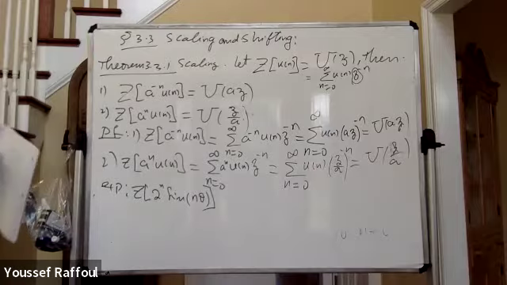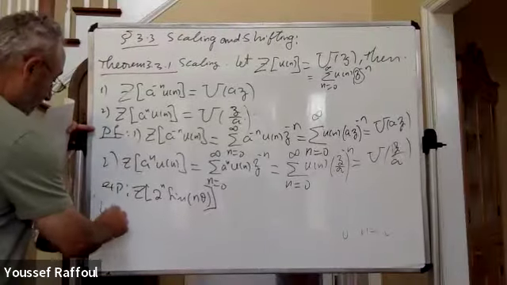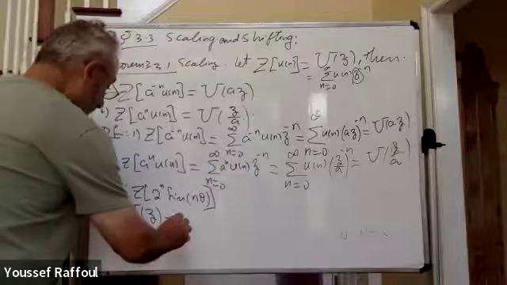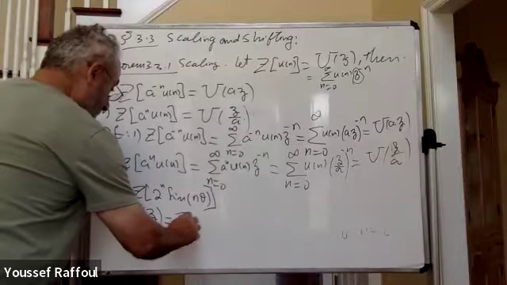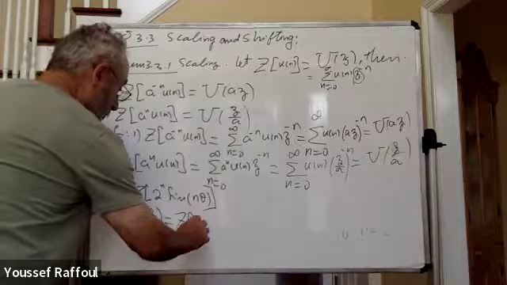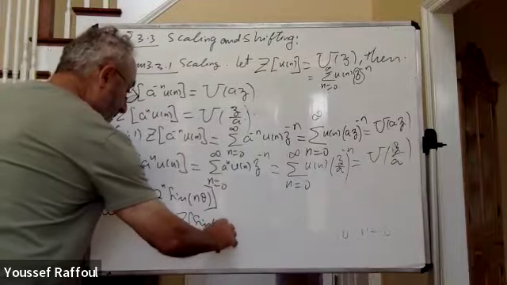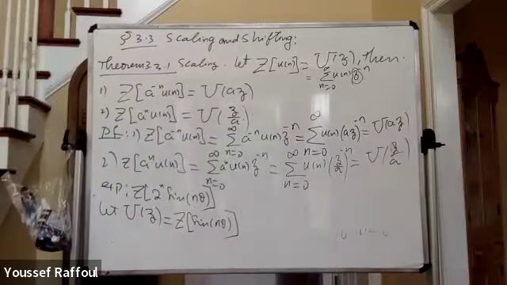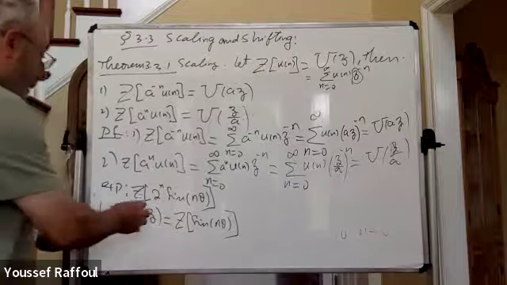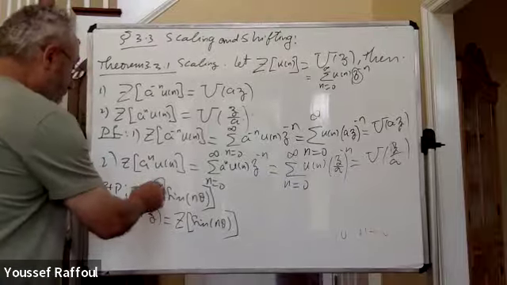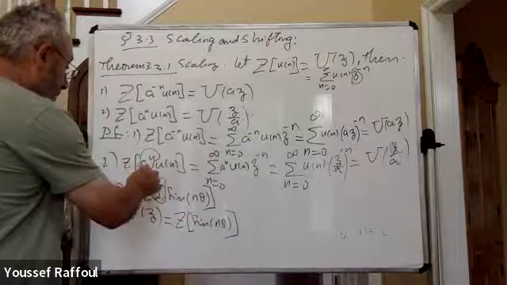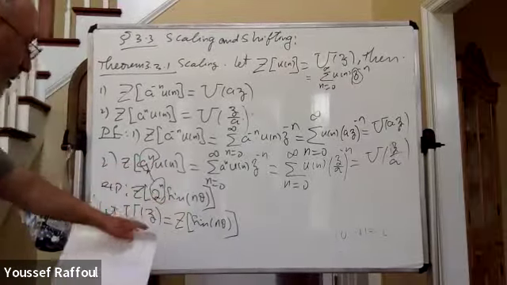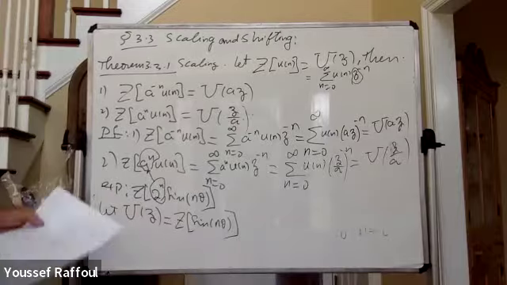Well, we're going to let U(z) equal to the Z of sine(n theta), because that is the u_n. So U(z) is Z of sine(n theta).